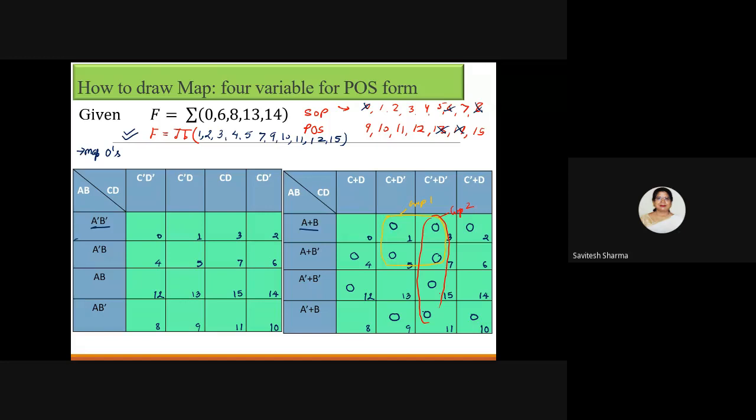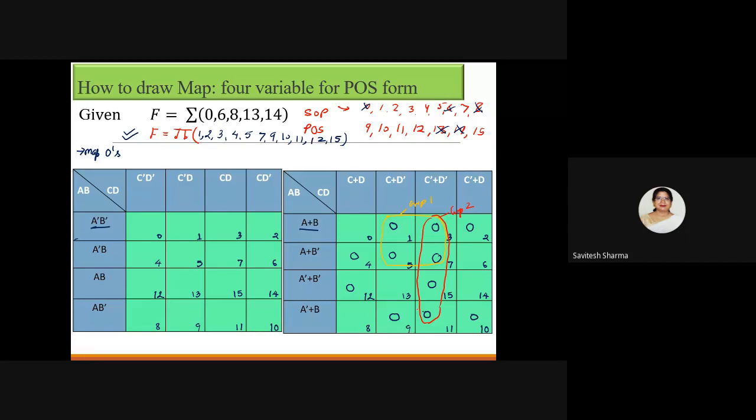Is any other quad forming? Look carefully, and please don't forget to club all zeros. All zeros should come in a group, and if they are not forming a group, you should consider them as individual.